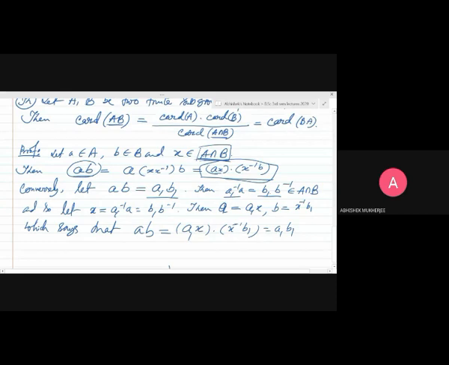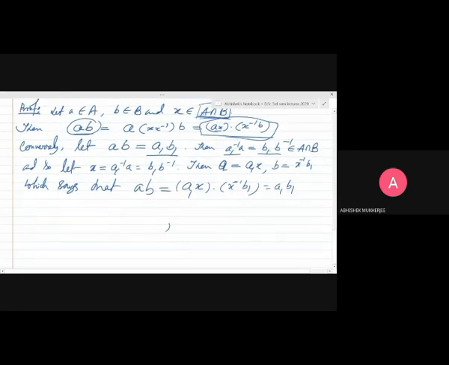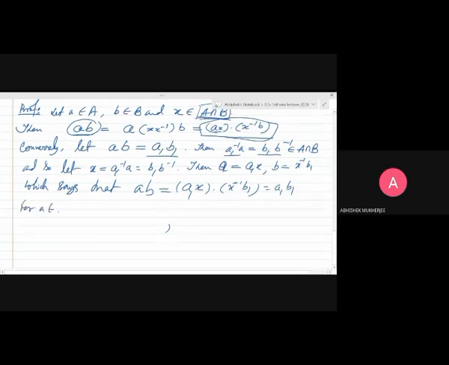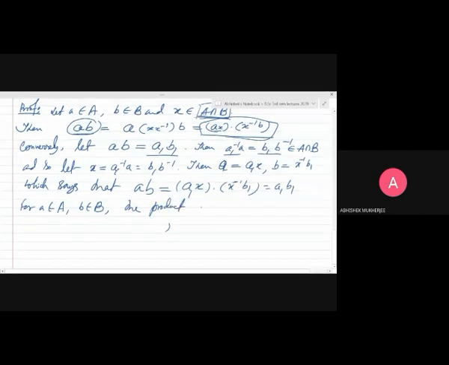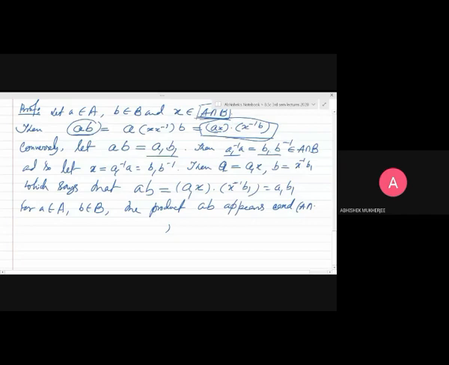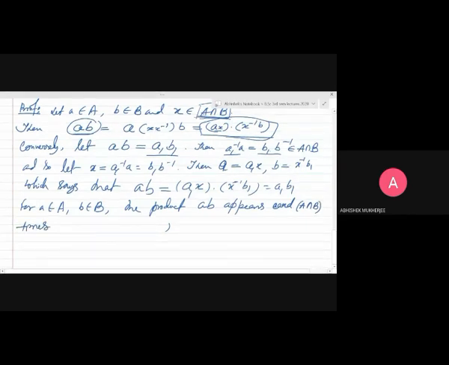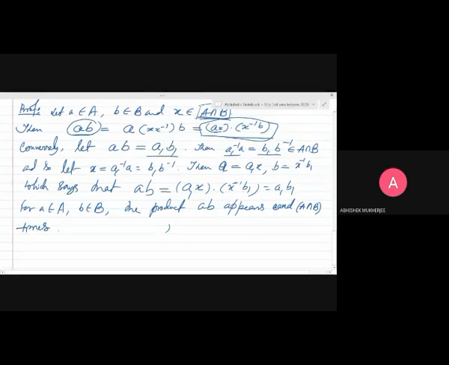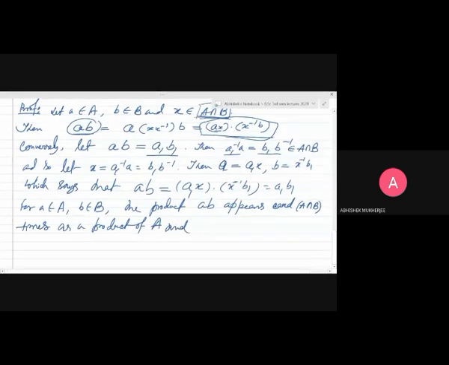So hence, for a belongs to capital A, b belongs to capital B, the product ab appears cardinality of A intersection B times, as a product of an element of A and an element of B.